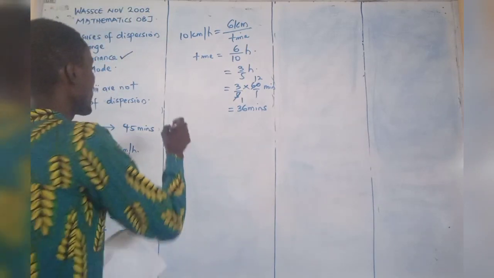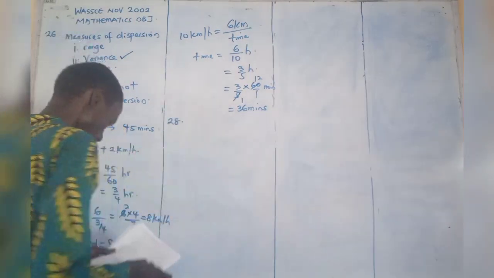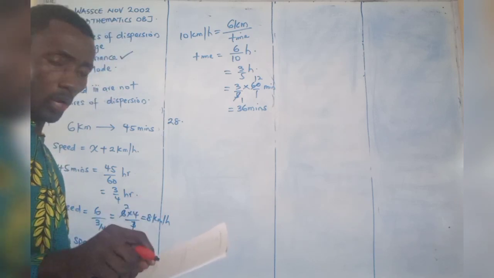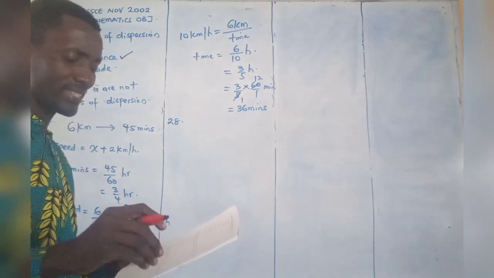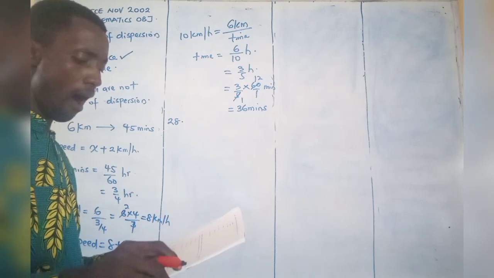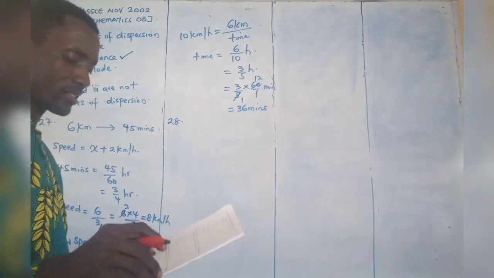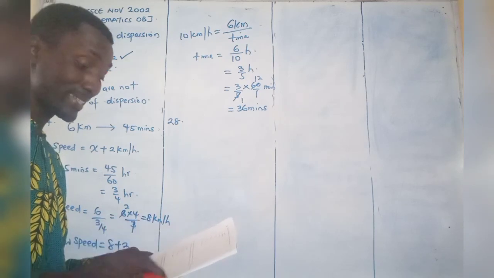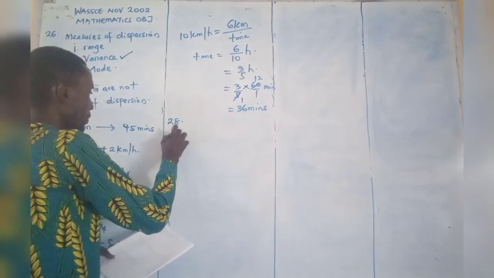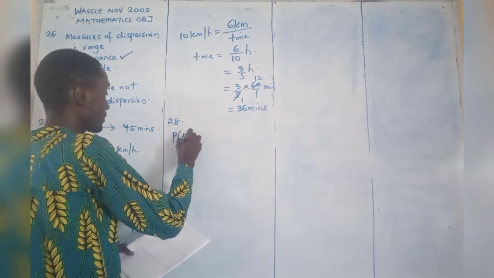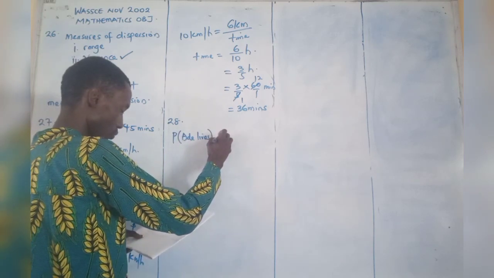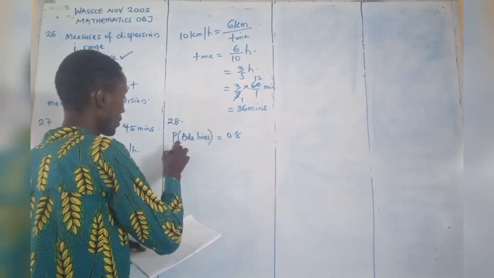So we'll go to question 28. In 28, it says the probability that Ade and his dog will be alive in 10 years' time are 0.8 and 0.3. The probability that Ade lives is equal to 0.8.